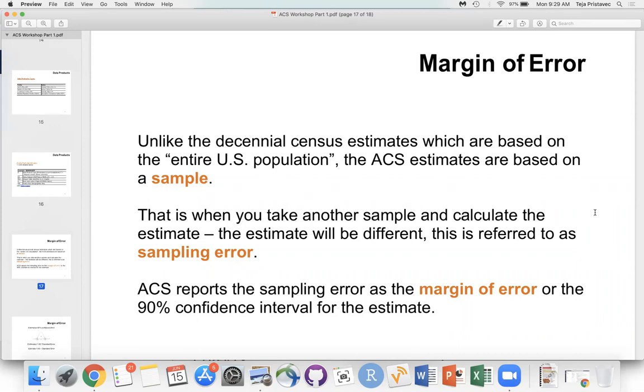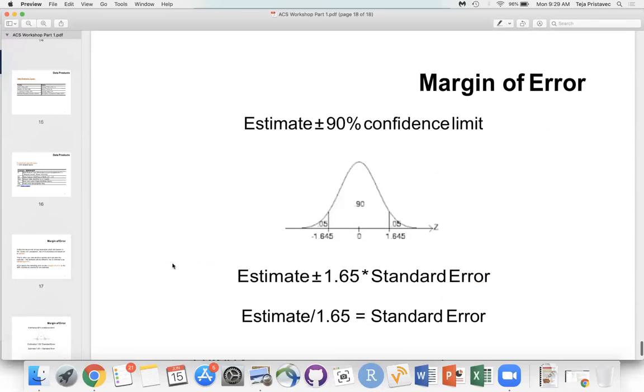You can also request other margins of error. You can do the 95, you can do something completely custom like 16% or whatever, but just so you know that there's going to be an additional number that's going to come in, and that is the margin of error. I think I have another slide here, but basically, from your stats 101, you remember how we get to calculating this and what it means.